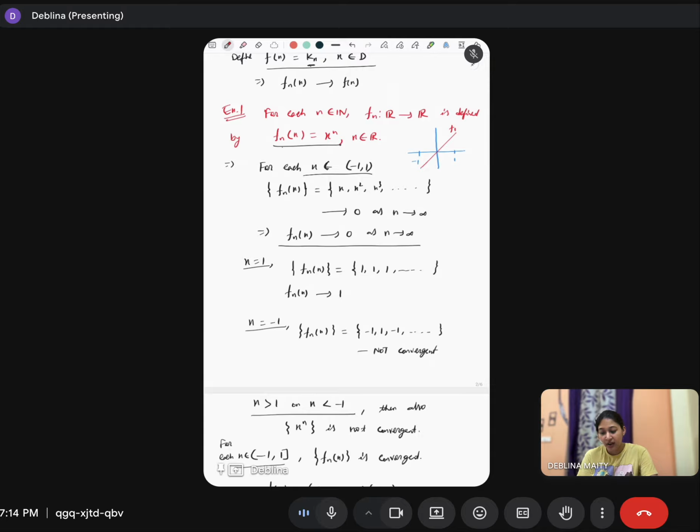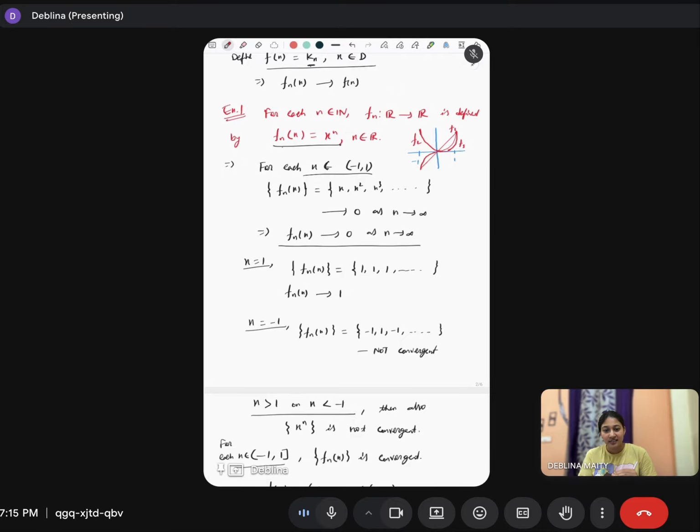Now the second one is x square, so the second one is this parabola, right? So it is f2. And the third one is x cube. So it will be lower than this f2, this f3, and it will be negative here. So this is f3, right?